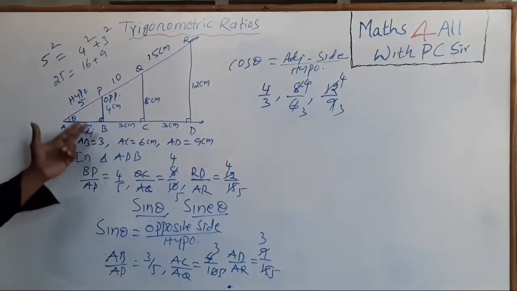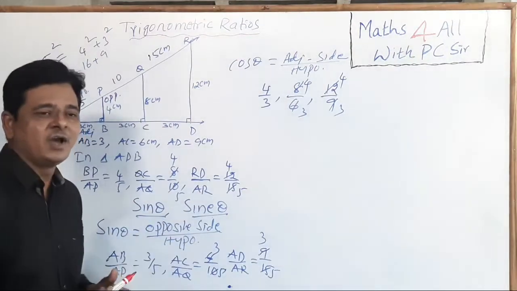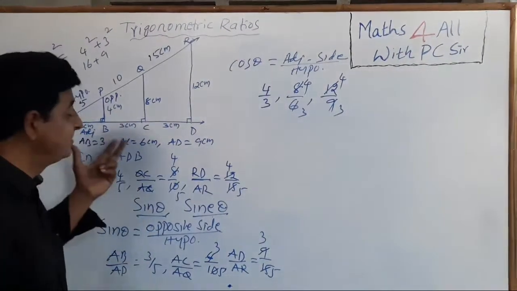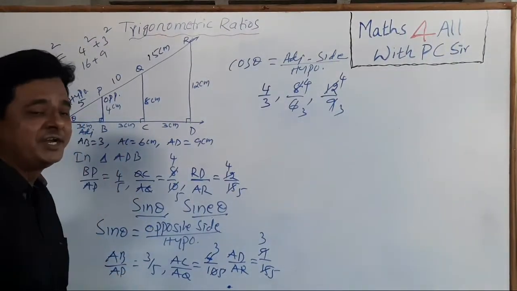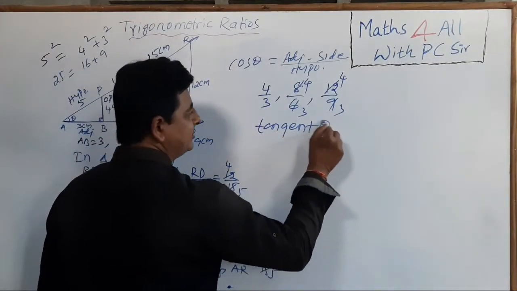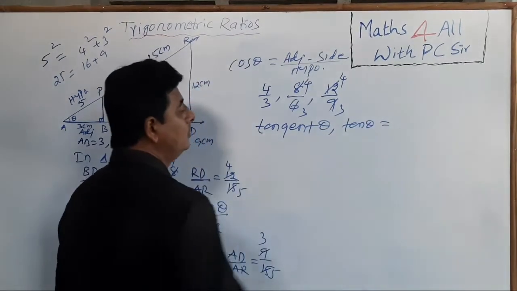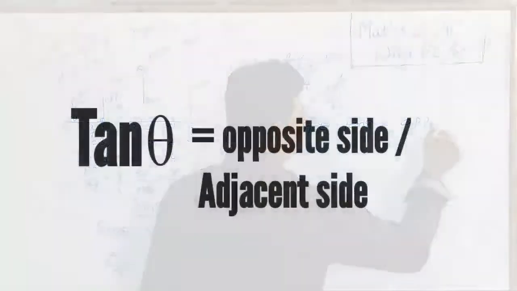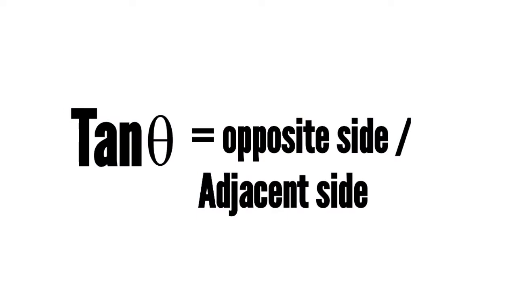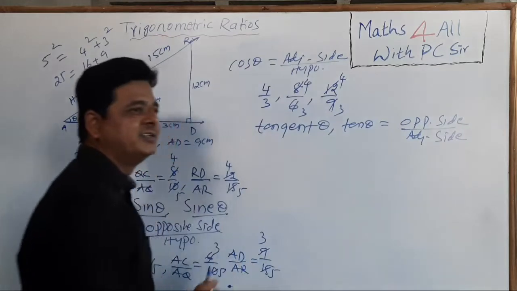So the ratio between opposite side to adjacent side is also constant. And what is the name of this ratio? That is one more, tangent theta. Briefly, we can write tan theta is equal to opposite side by adjacent side.